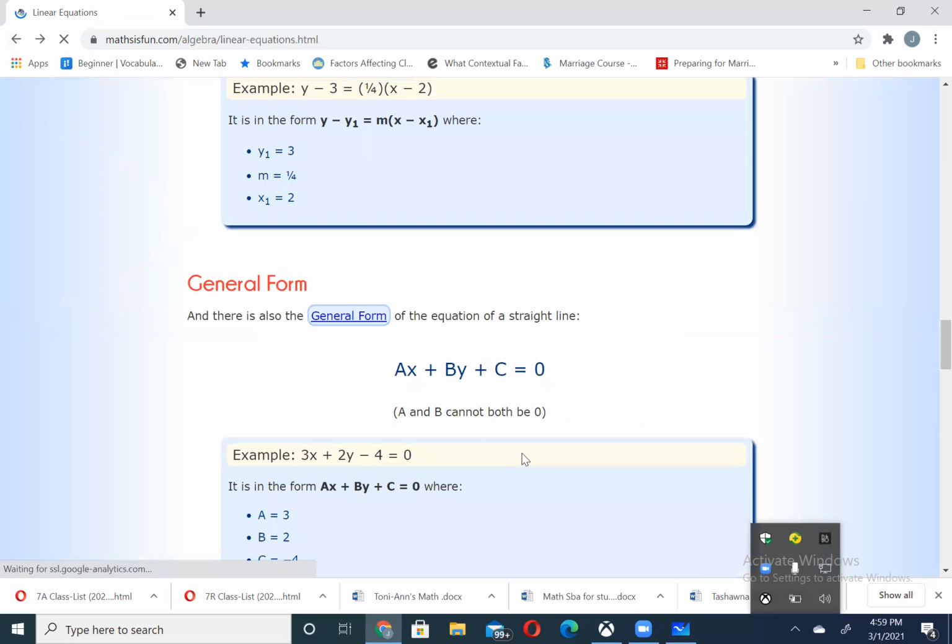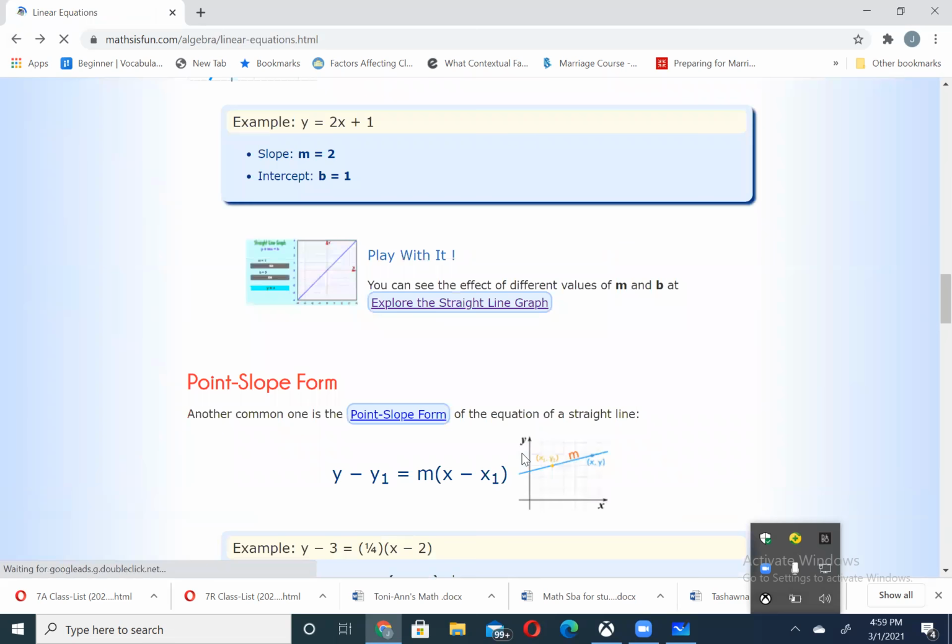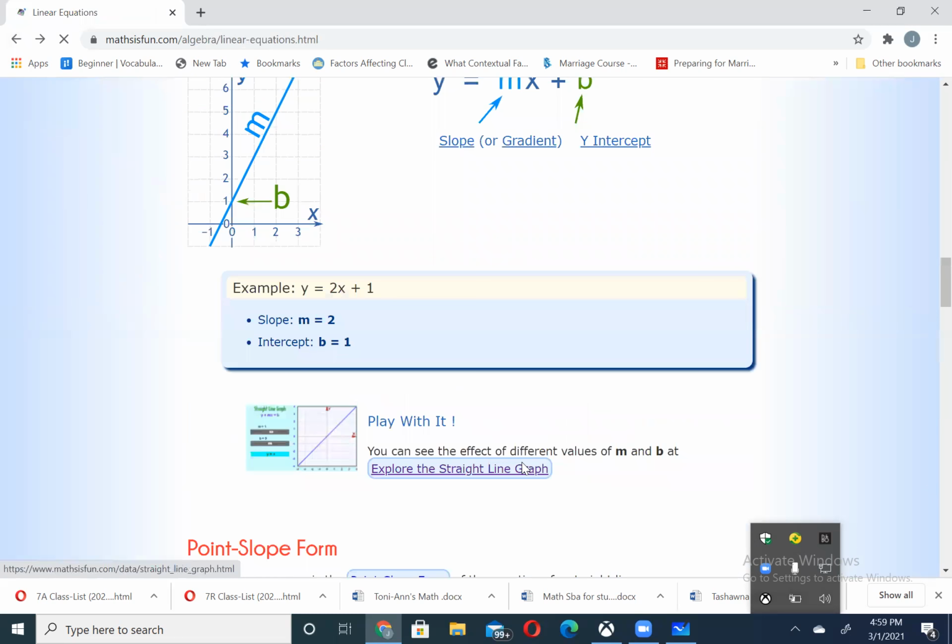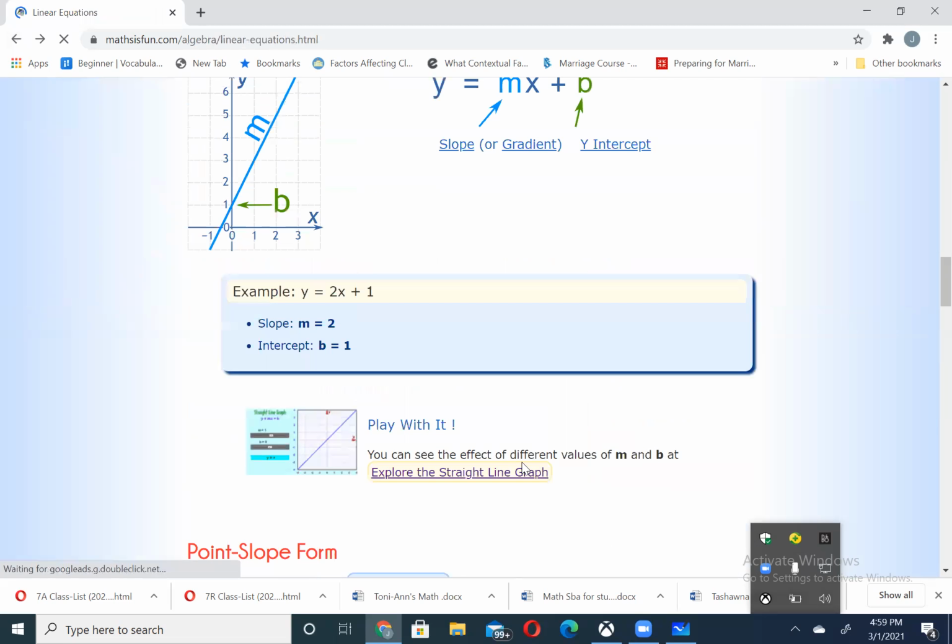All right, so we just looked at the slope intercept form. Now we're looking at the point slope form.